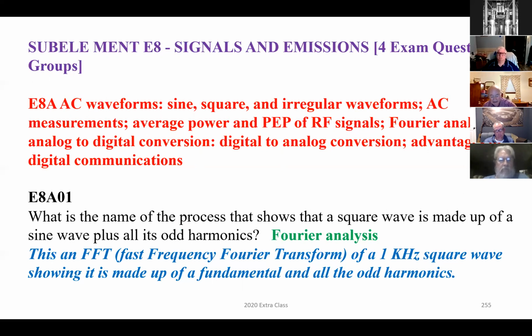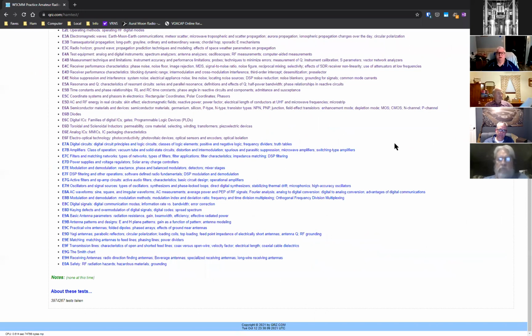So you're probably looking at one from each group, or one per subelement or section. It had groups A through H, and a total of 108 questions in the whole E7 group. There's a lot of stuff there to learn or memorize.